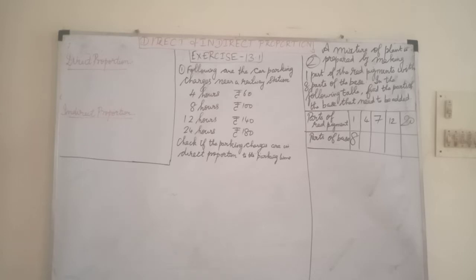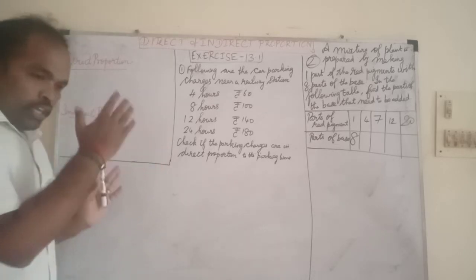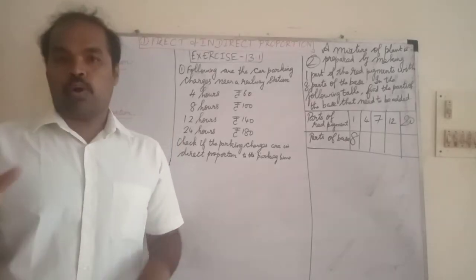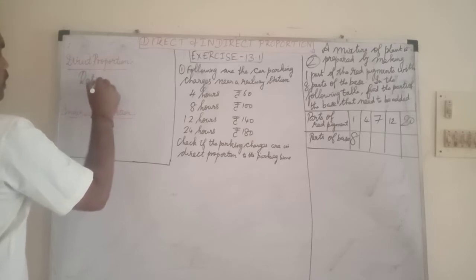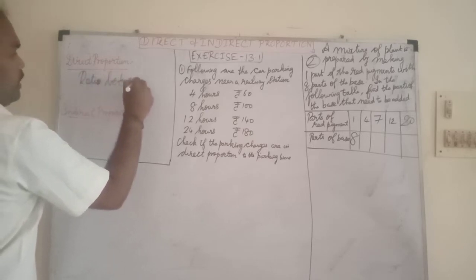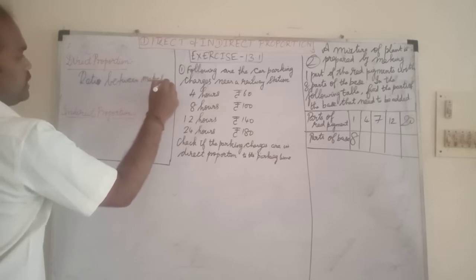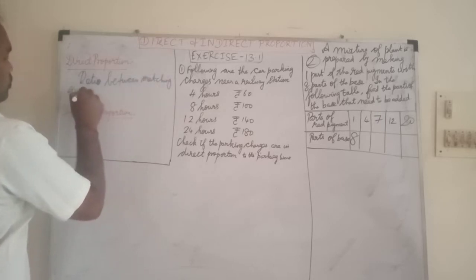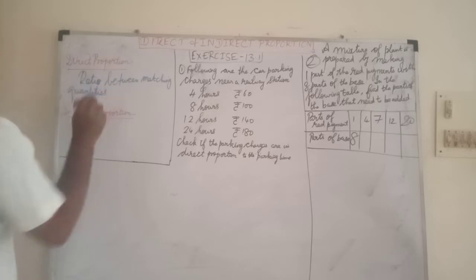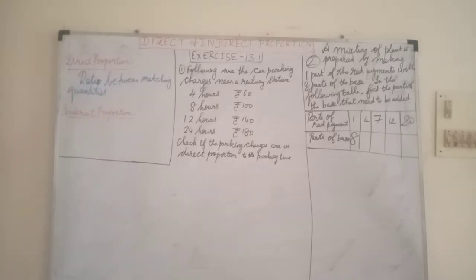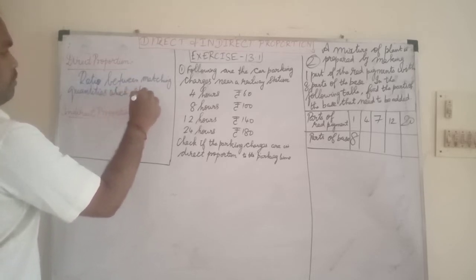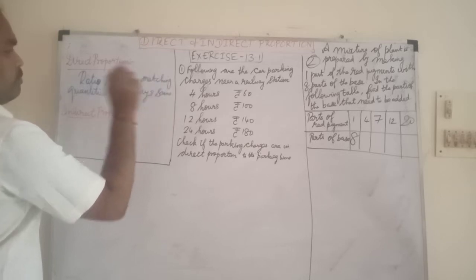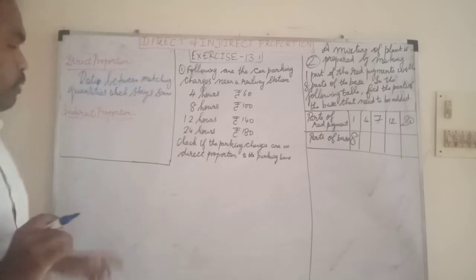That is what we are going to discuss: the ratio between matching quantities. When the ratio between matching quantities stays the same, this is said to be direct proportion.